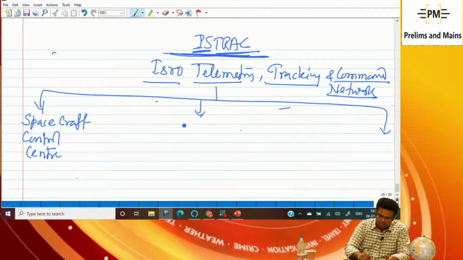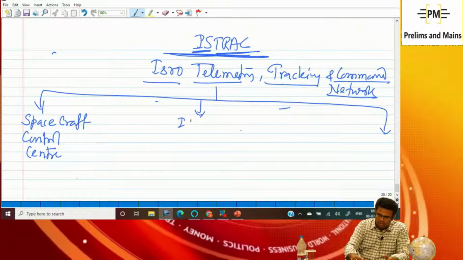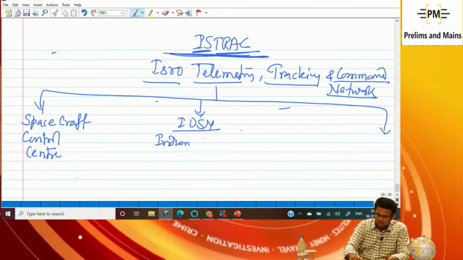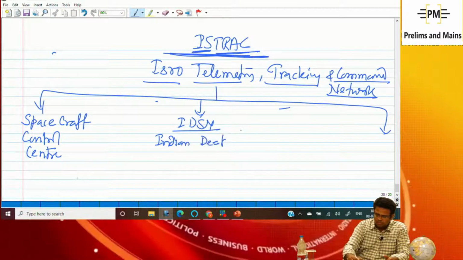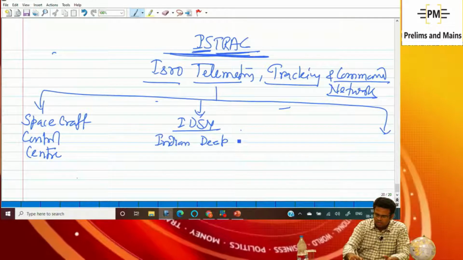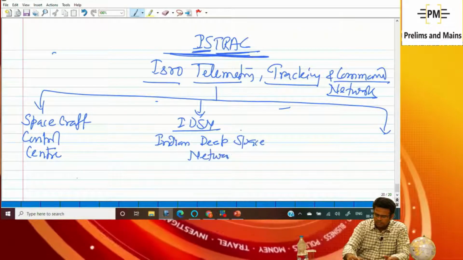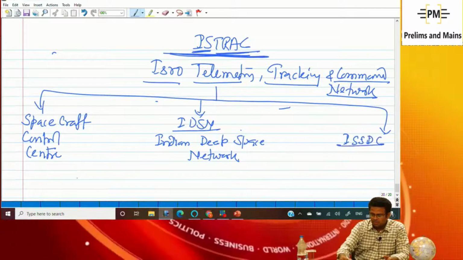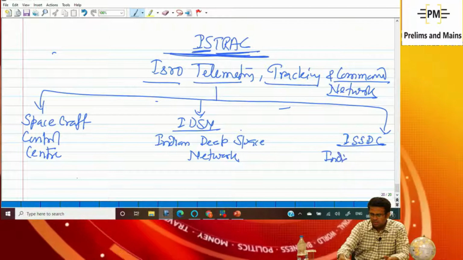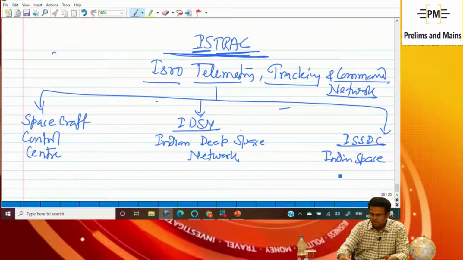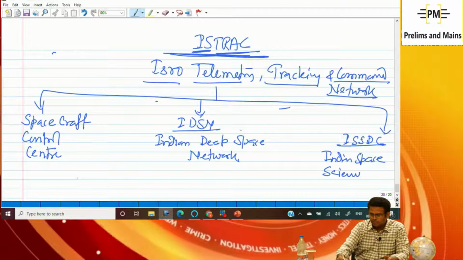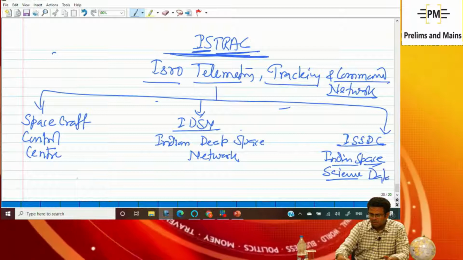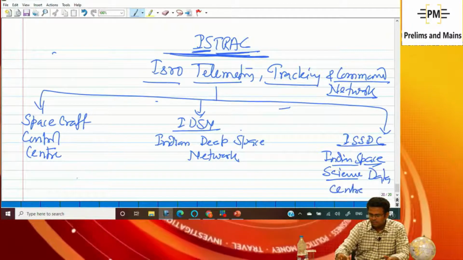Another is IDSN, the Indian Deep Space Network, and here it is ISSDC, the Indian Space Science Data Center.